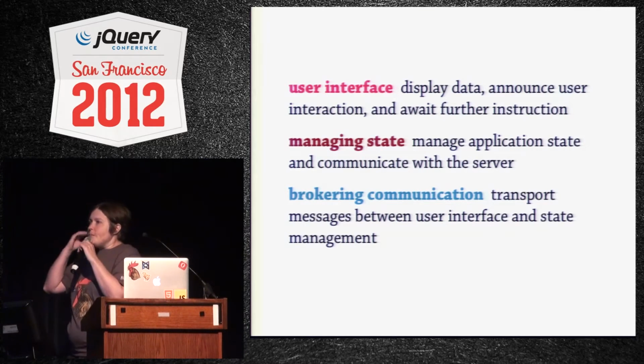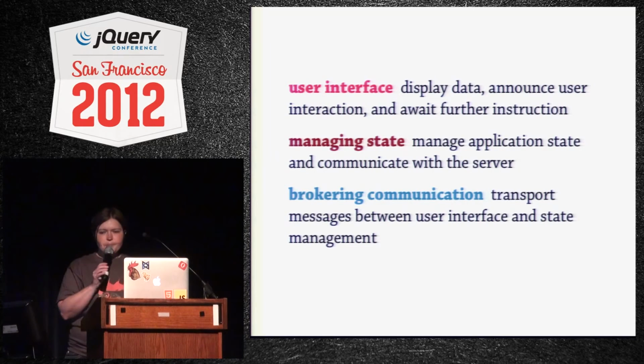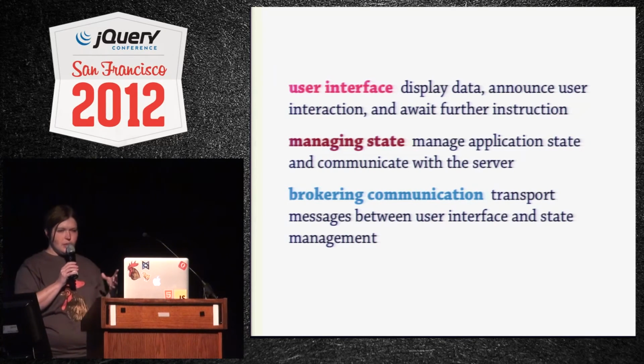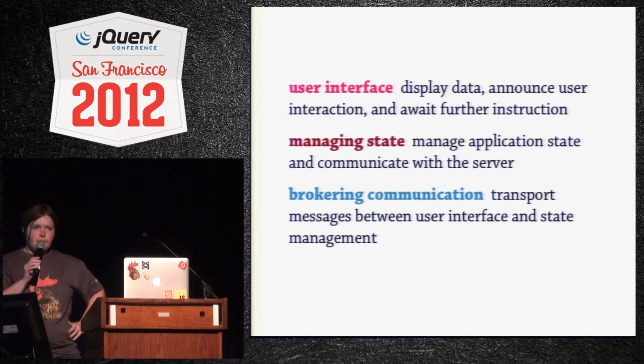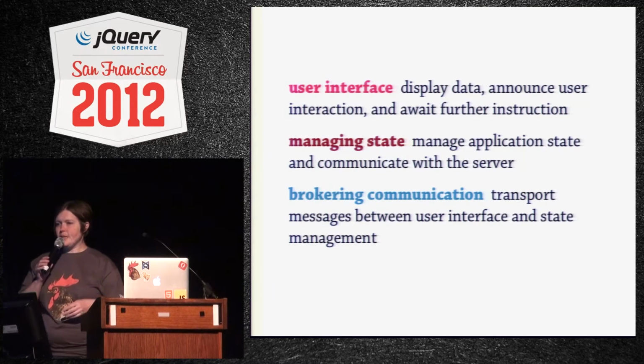Number two, we need to manage state. And in jQuery land, you have a few different options. You can use the DOM to manage state. You can use the data method, or data attributes, to manage state. You can do your own state management by just keeping objects around.